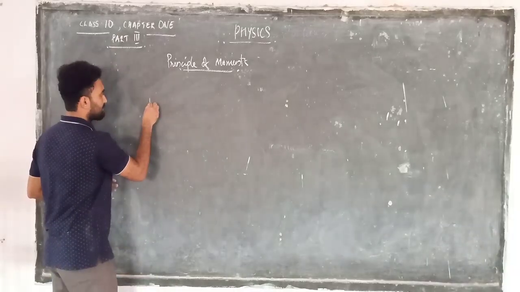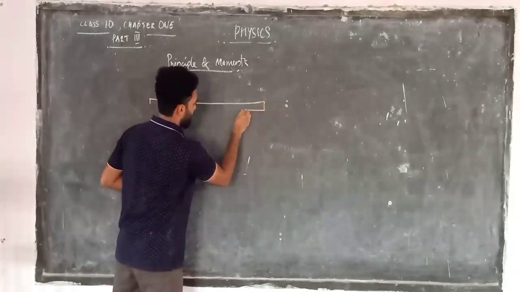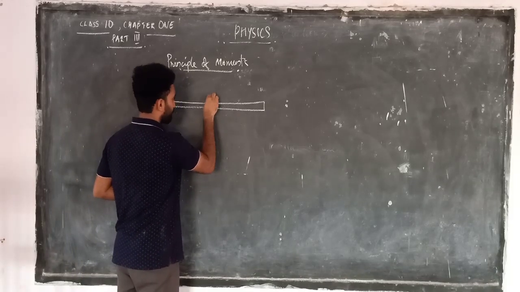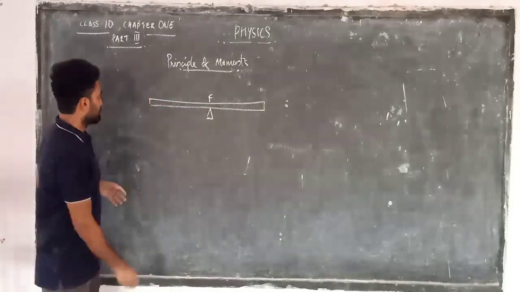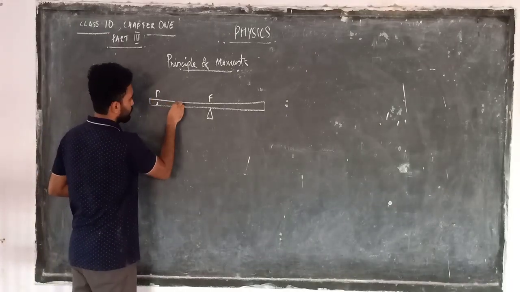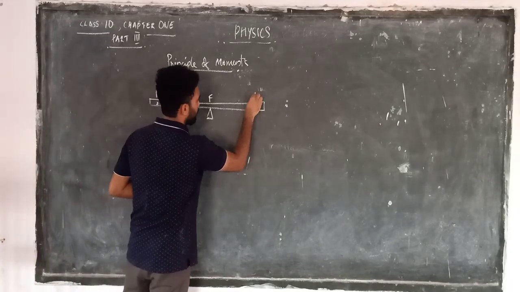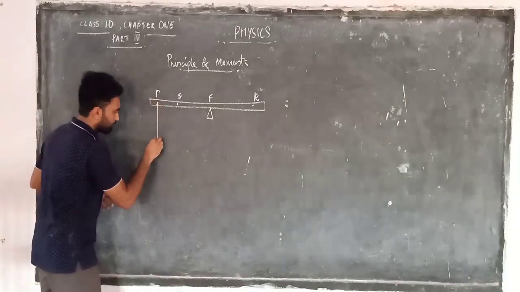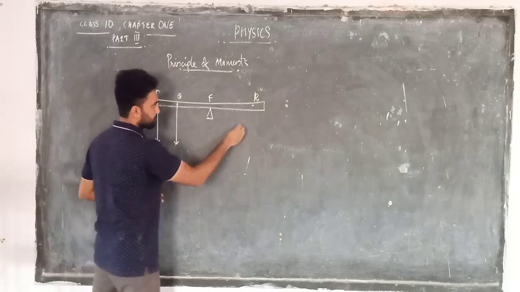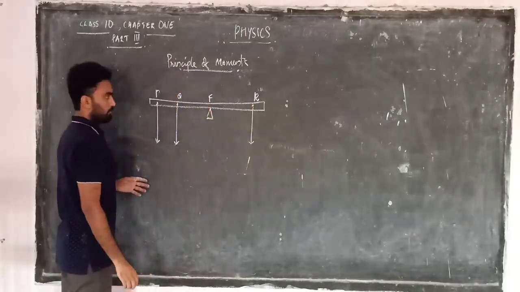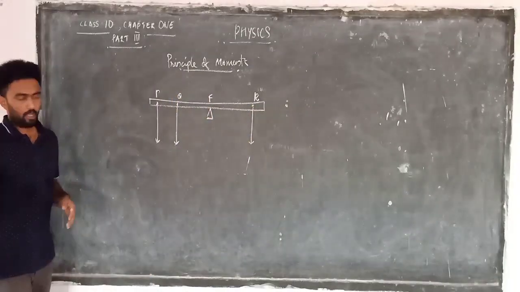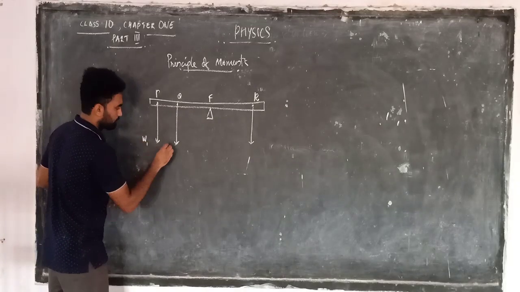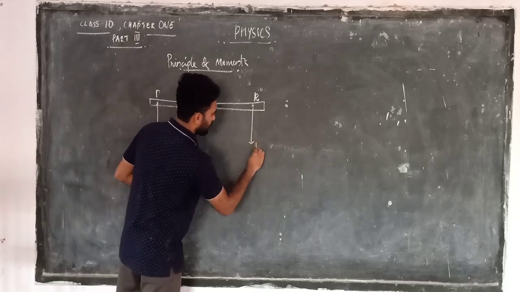For that, we just consider a rod of length L, which is balanced at this particular point F. Now consider three points P, Q, and R, on which we are putting some weights. Let the weights of the bodies be W1, W2, and W3.